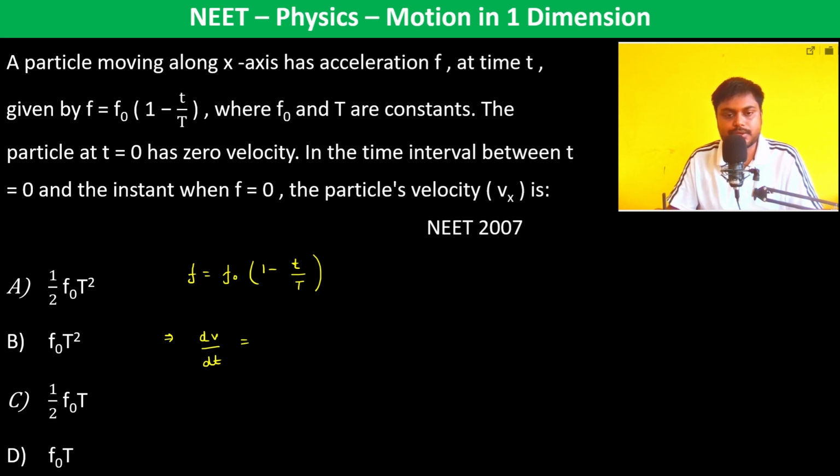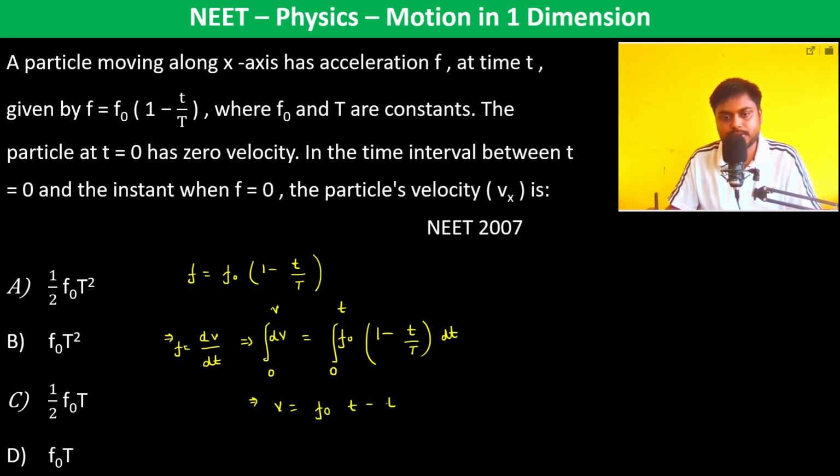So we can write dv equal to f dt, which is f naught (1 minus t by T) into dt. Now at time t equal to 0, velocity is 0. So at time t, velocity we can find out by integration: f naught (t minus t squared by 2T). This is the velocity at time t.